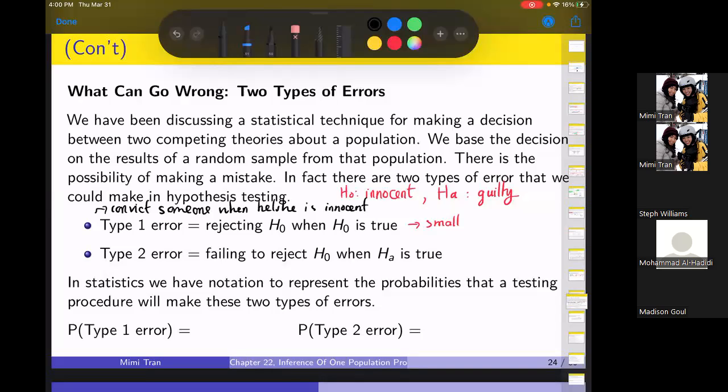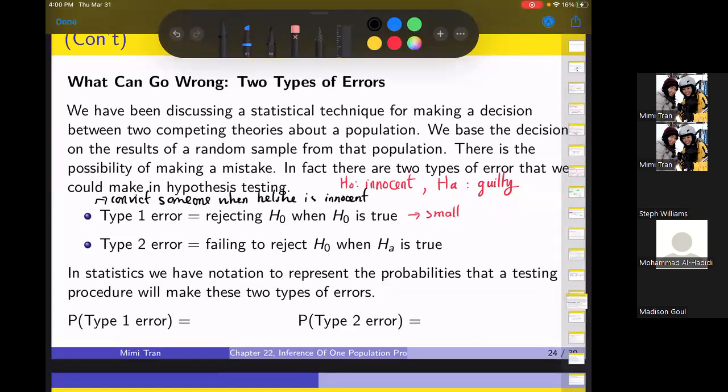Type 2 error is that you fail to reject H naught when it's false. That person is guilty, but you make a mistake and you let them go. You fail to reject H naught, so you favor H naught. You think they are innocent, but they are actually guilty. So in the criminal justice system, you fail to convict a guilty person.